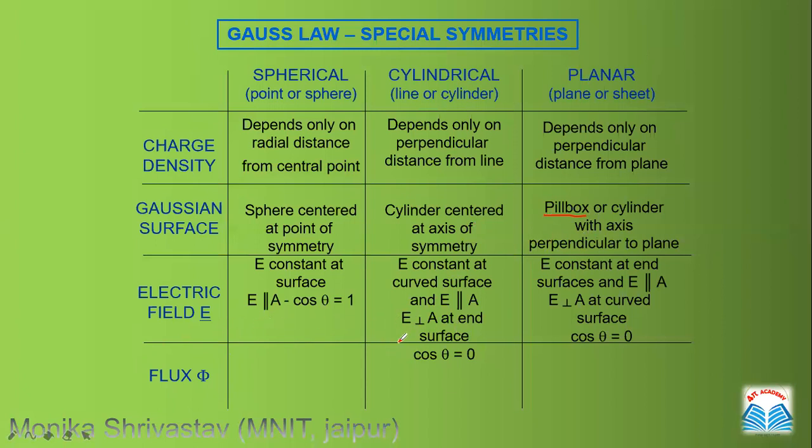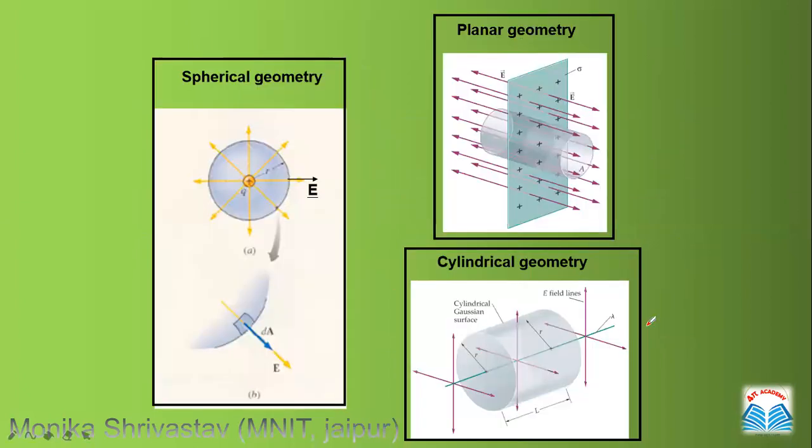When we do some examples, we will come to know how this electric field is varying, either parallel or perpendicular. So next, these three geometries: spherical geometry, planar geometry, and cylindrical geometry. Only these three geometries are possible whenever we have some Gauss law application.